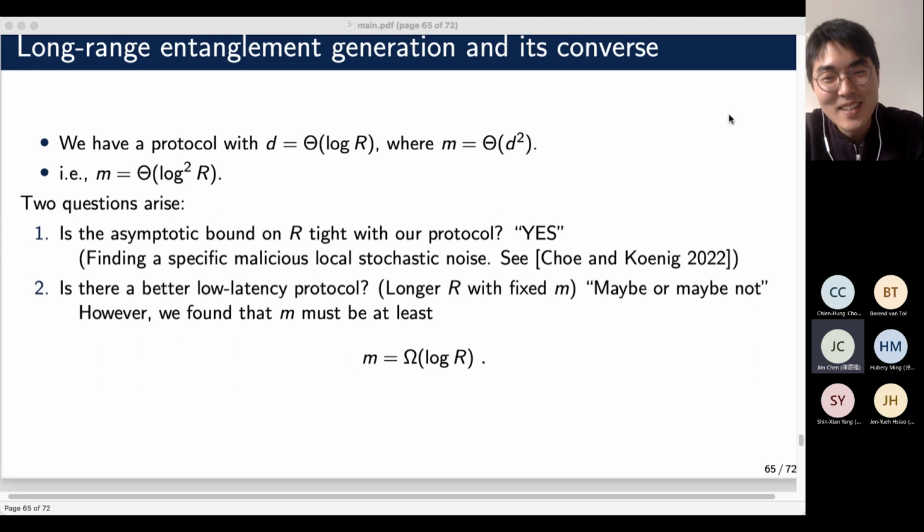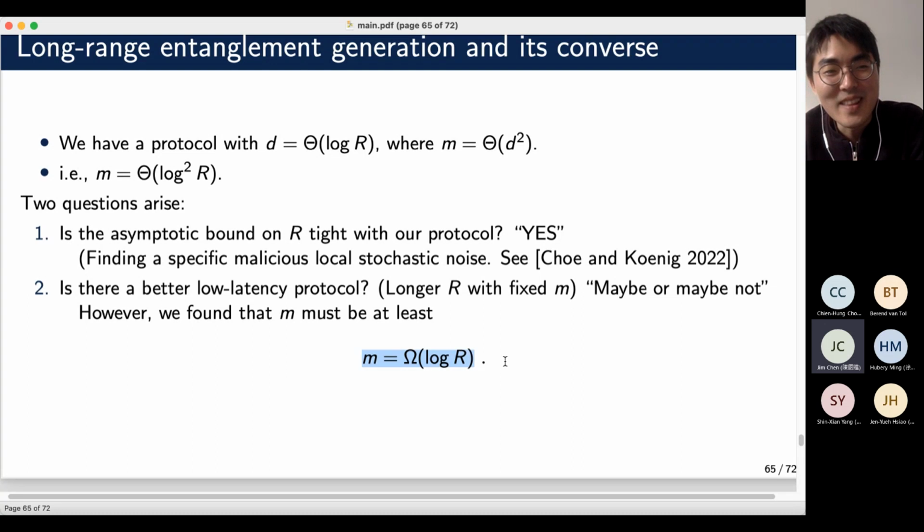I see. So is there any chance to prove the lower bound is not too small? Maybe. But we expect this bound is somewhat tight, which is to say we expect there is some protocol which achieves this lower bound, but we don't really know yet.